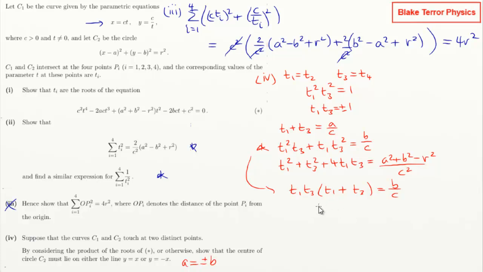So t1 t3, which is plus or minus 1, times a over c is b over c. So get rid of the c's, and then this is plus or minus 1. So I've got plus or minus a equals b, which is the same sort of thing that I want. So there we go. I mean, that's just dropped out really quite nicely.